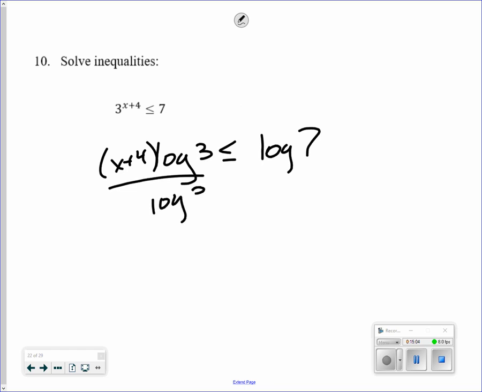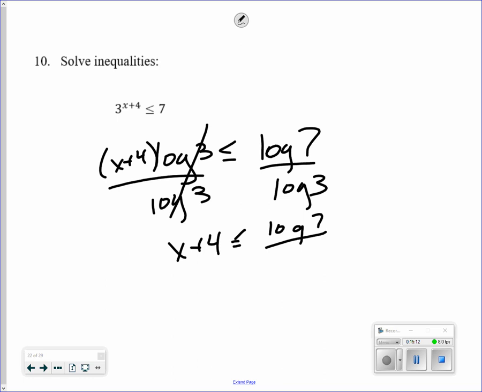I don't have to distribute because I only have one x in the problem. I can divide. And then subtract. And now I got to pull out my graphing calculator, or a calculator that matter. Log of 7 divided by log of 3 minus 4 would be negative 2.2288.